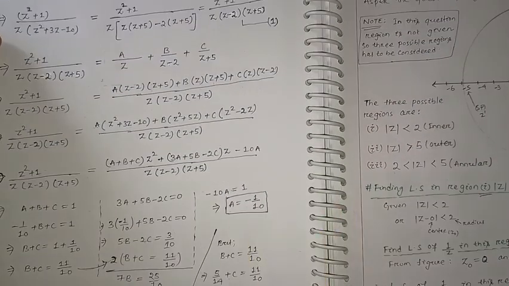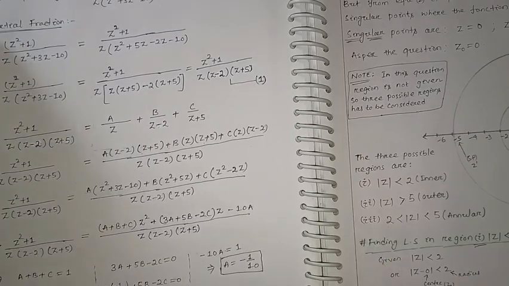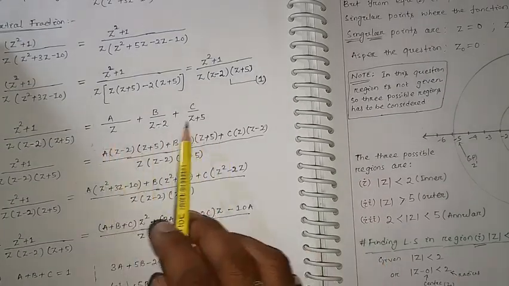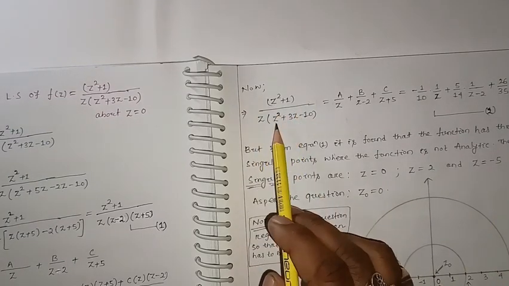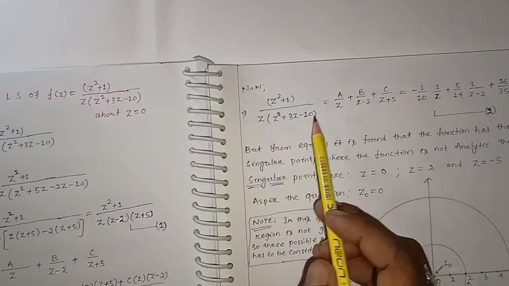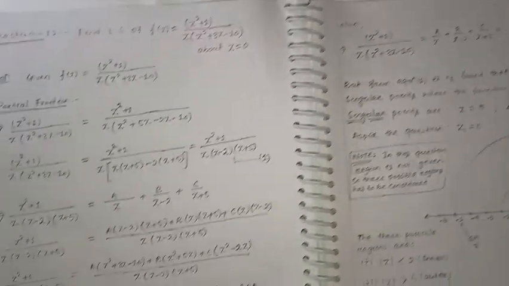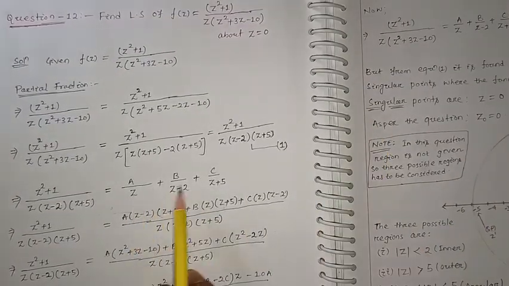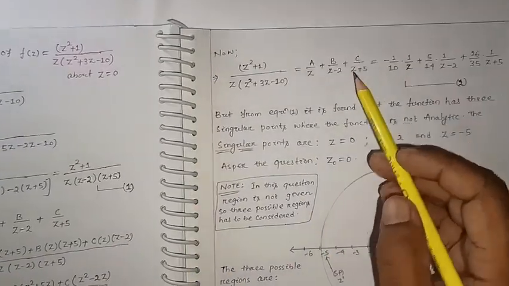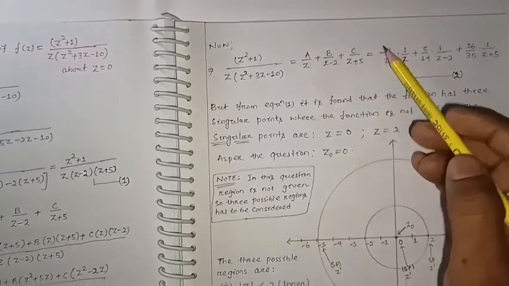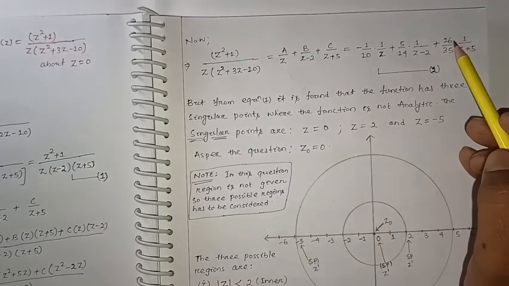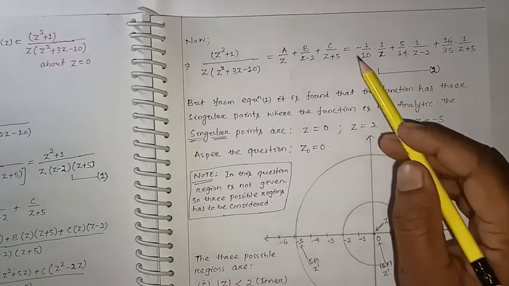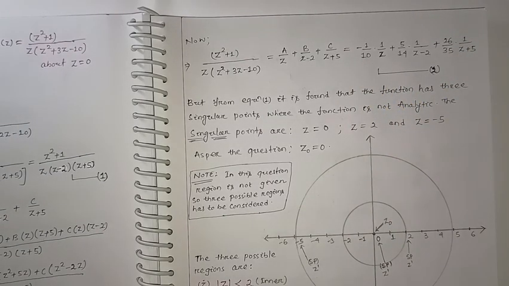Substituting the a, b, c values in this equation, finally we found z square plus 1 by z into z square plus 3z minus 10 equal to a by z plus b by z minus 2 plus c by z plus 5. So instead of a, b, c we write minus 1 by 10, 5 by 14, 26 by 35. Let this be equation number 2.